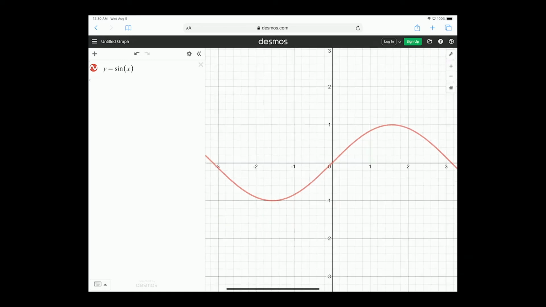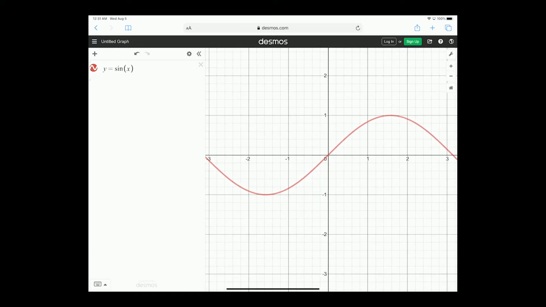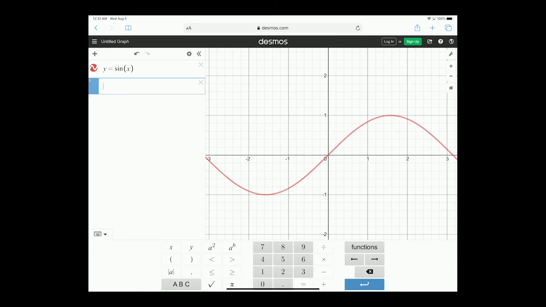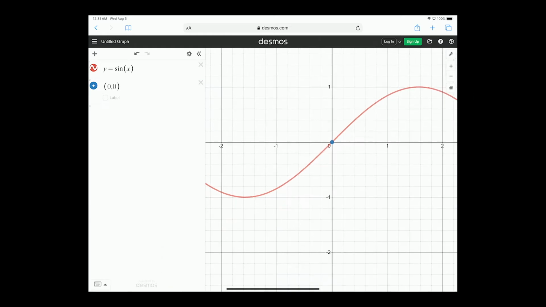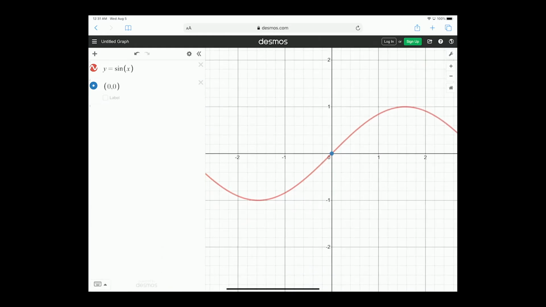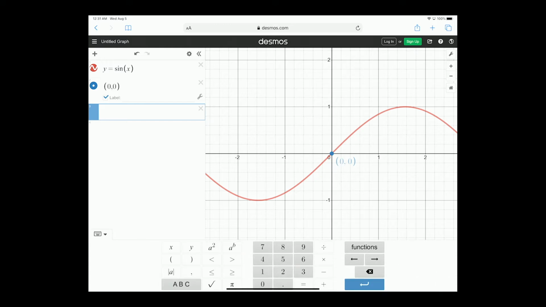And of course, at 0, you're at 0, 0. So there's a dot right there. Label 0, 0. Now the linearization we just found was just y equals x. Very simple linearization. There it is.